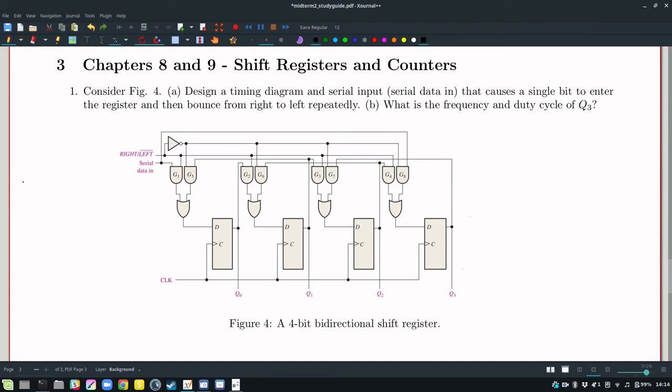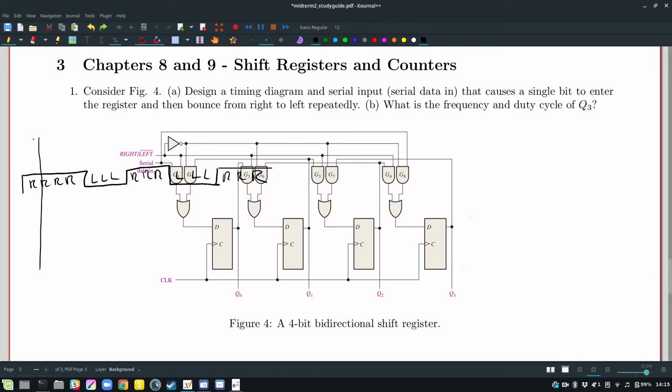So if I say I want my right shift 1, 2, 3, 4, and then 1, 2, 3, 1, 2, 3, 1, 2, 3, 1, 2, 3. So this is right, 2, 3, 4, and then left, left, left, right, right, right, left, left, left, right, right, right. And then let's just treat this case as a special case.